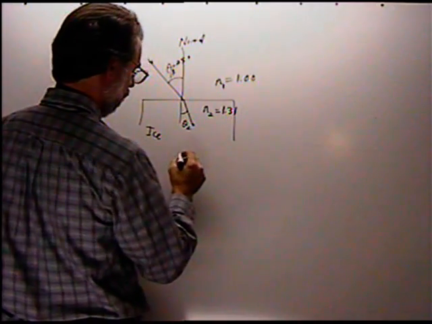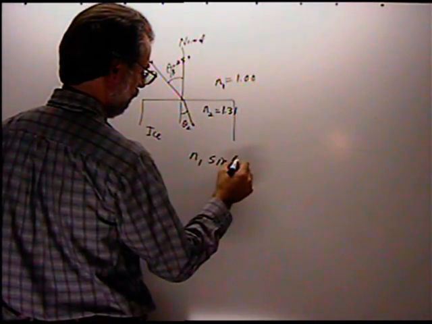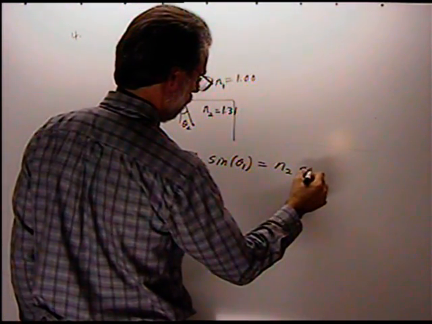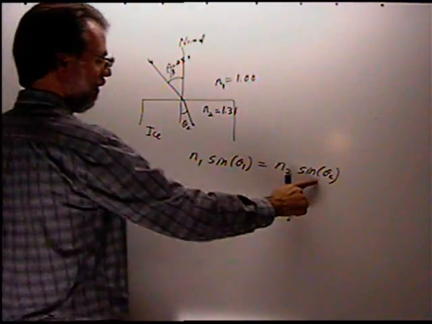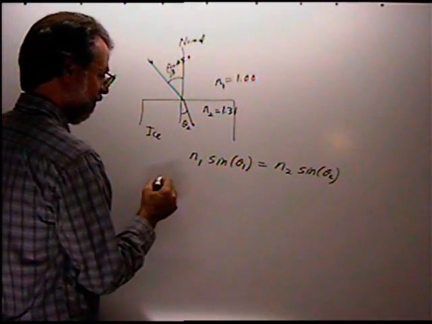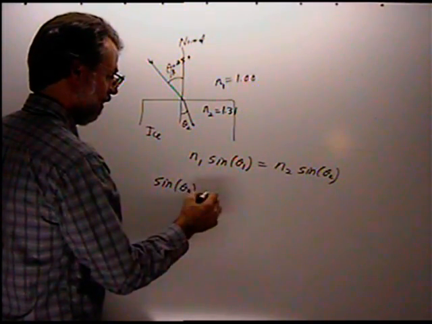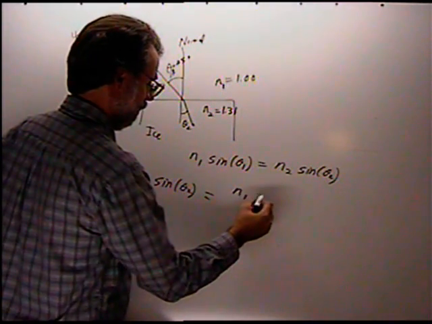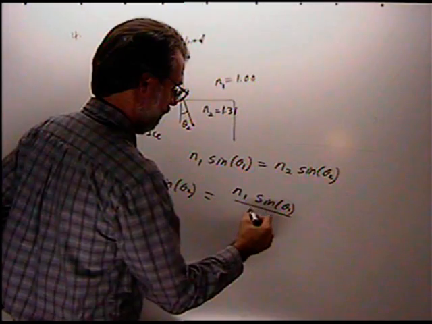Okay, so from Snell's law, this is Snell's law. We want to solve for theta 2 or sine of theta 2. So let's first do the sine of theta 2 is equal to n1 sine of theta 1 divided by n2.